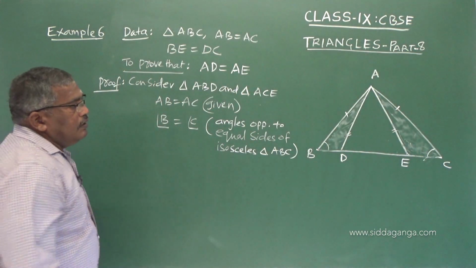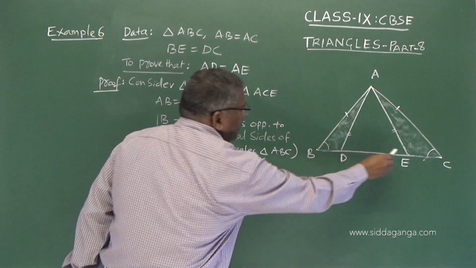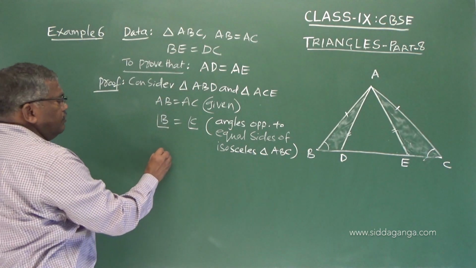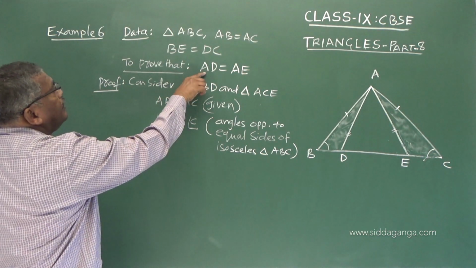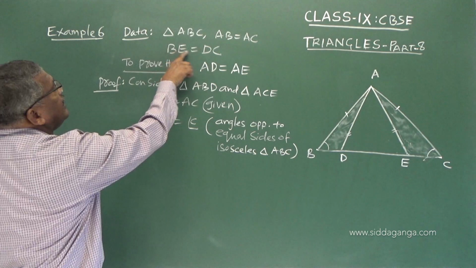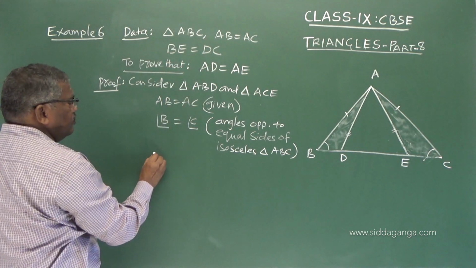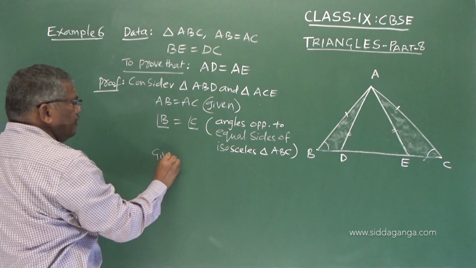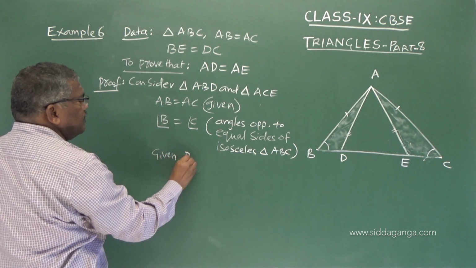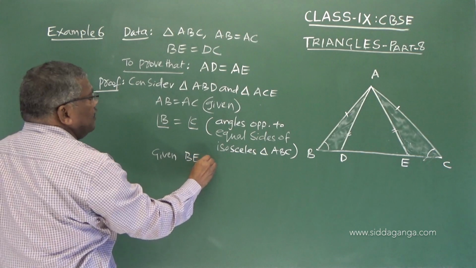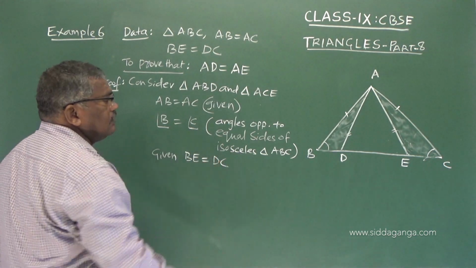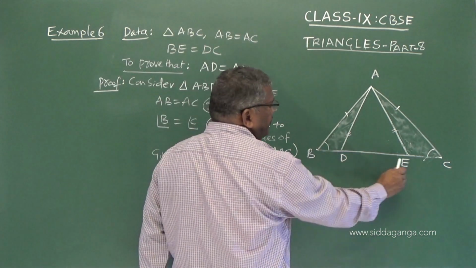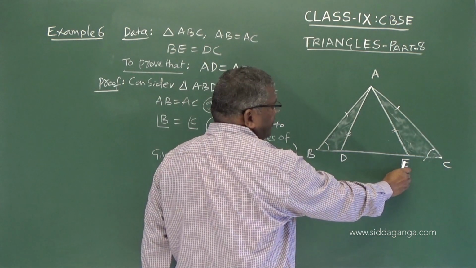Now, so these two angles are equal. Now, BE is equal to DC, given. So, I will use this given, BE equals DC. You observe here BE is from here to here.